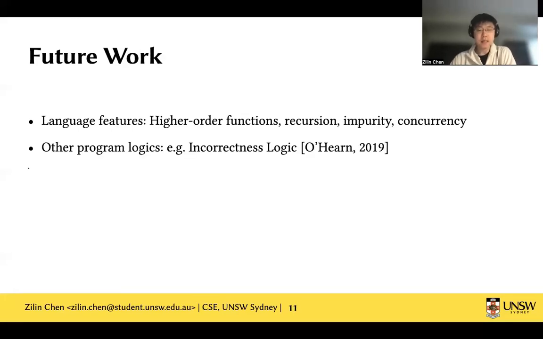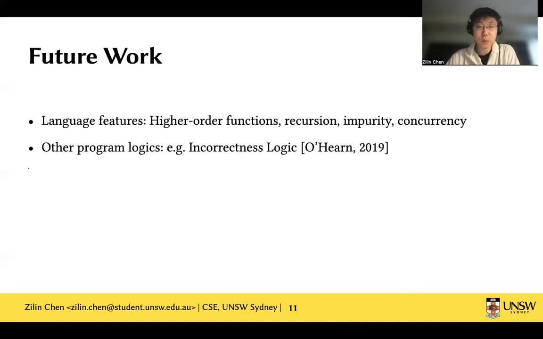The language that I studied in the paper is very preliminary, and I outlined several lines of future work in the paper, and here I just want to highlight two of them. One is adding more language features, like higher order functions, recursion, impurity, and concurrency.